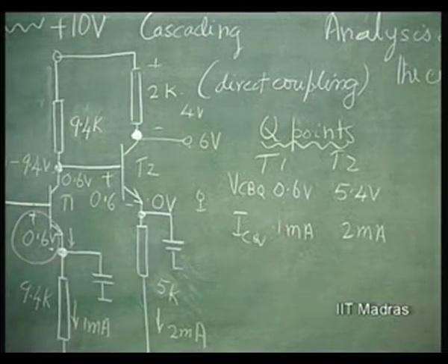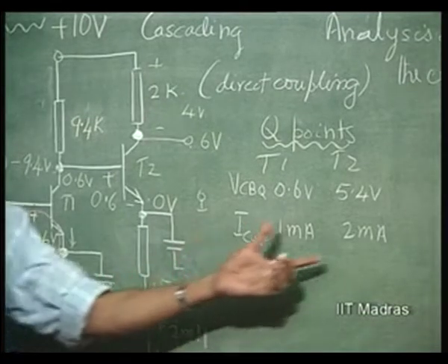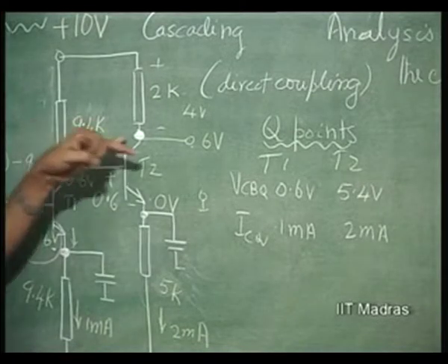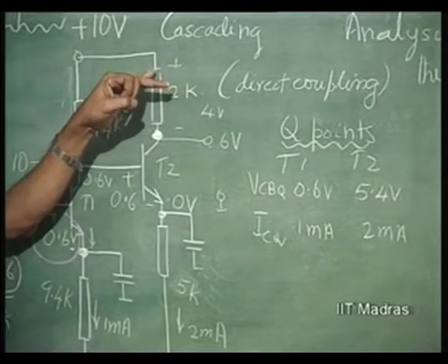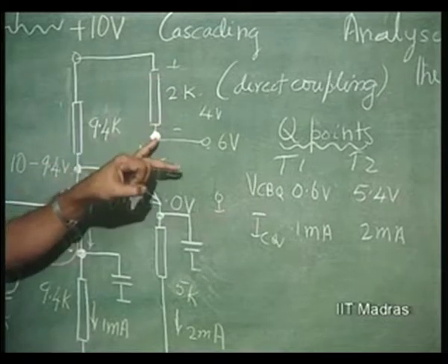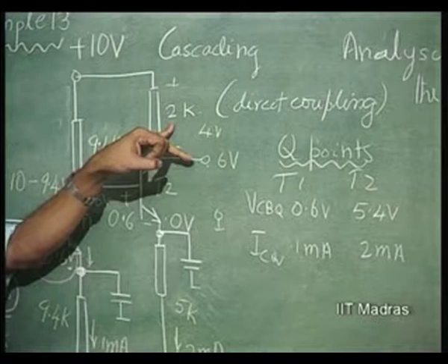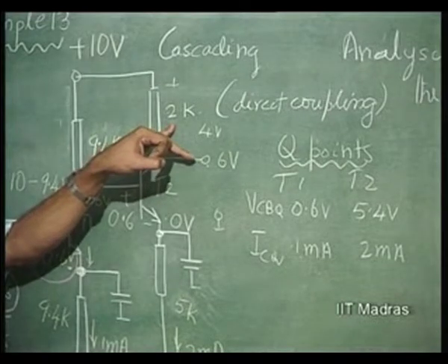Now, the current swing into the load resistance will give you the voltage swing corresponding to that. So, if there is a 2 milliampere quiescent, the swing here is 2 milliamperes into 2K, which is 4 volts.